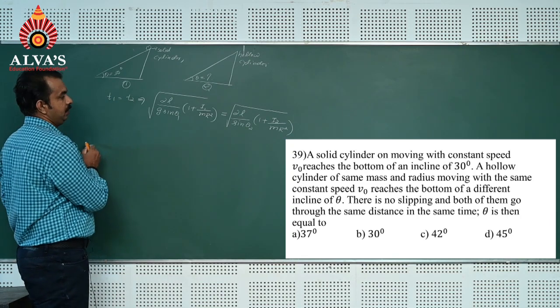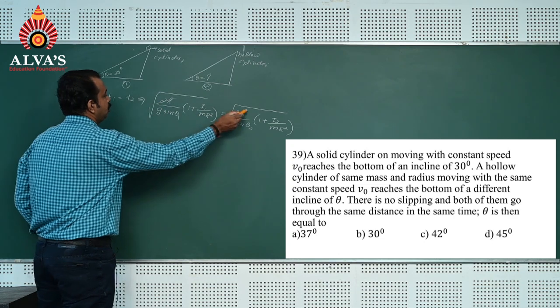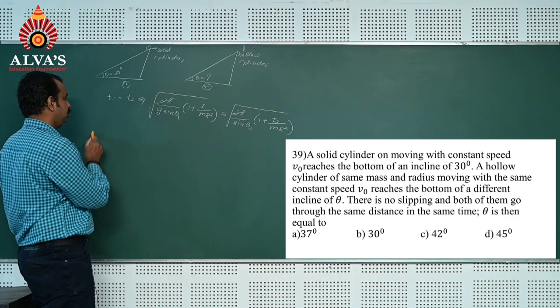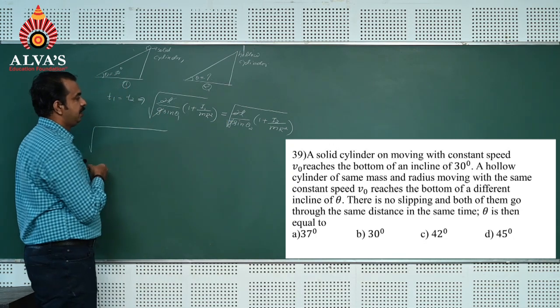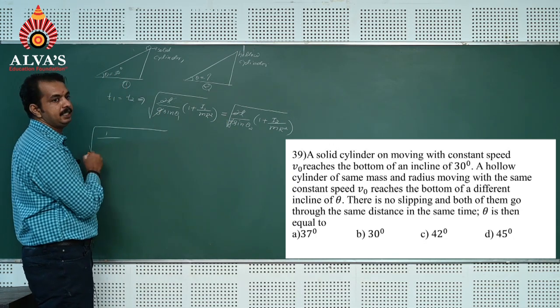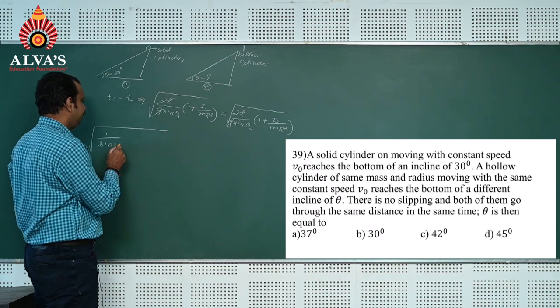Now 2L is common on both sides, so you can cancel root 2L. g is the same, g gets cancelled. 1 by sin theta 1, and sin theta 1 is sin 30 degree.